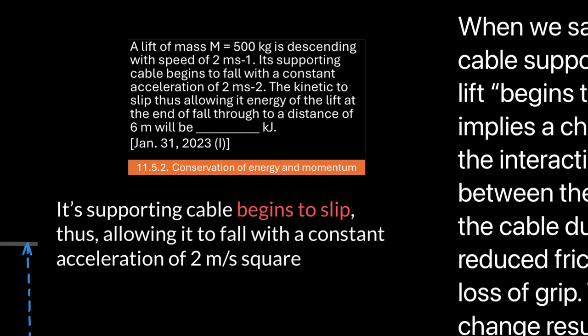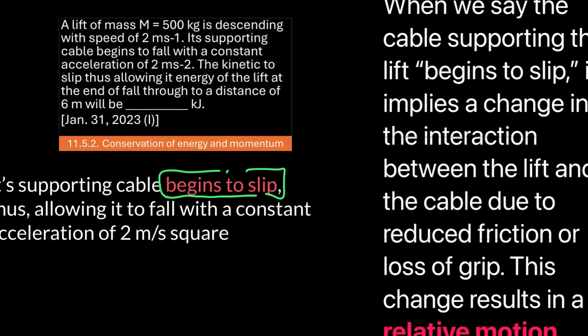Let me take some time to emphasize this phrase here, which is "begins to slip." It's really important that we understand each and every phrase given in the question, because there is always a concept hidden behind these phrases.